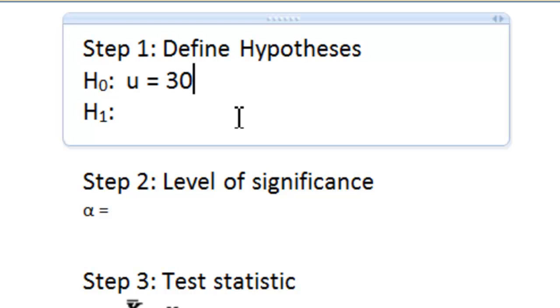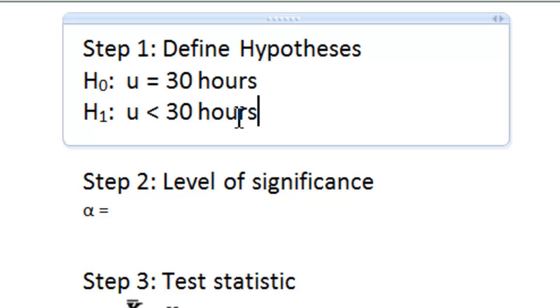So the null hypothesis always has an equal sign in it, and so I'm going to set this as mu is equal to 30 hours. Now the alternative hypothesis, this is where a lot of the customers were complaining because they felt that the population mean was actually less than 30 hours. So there's our alternative hypothesis.